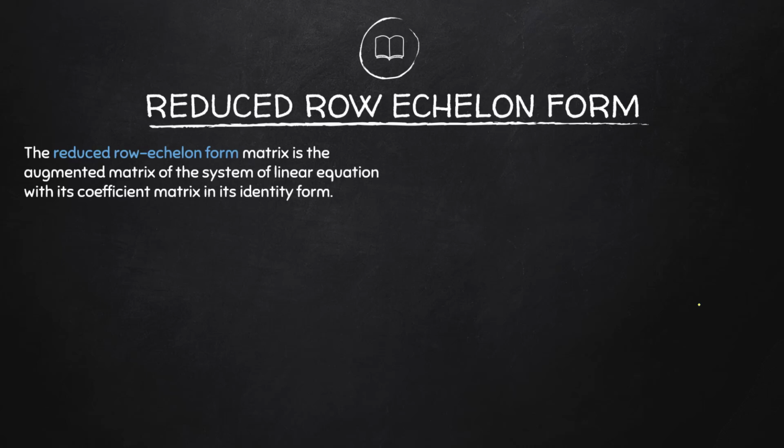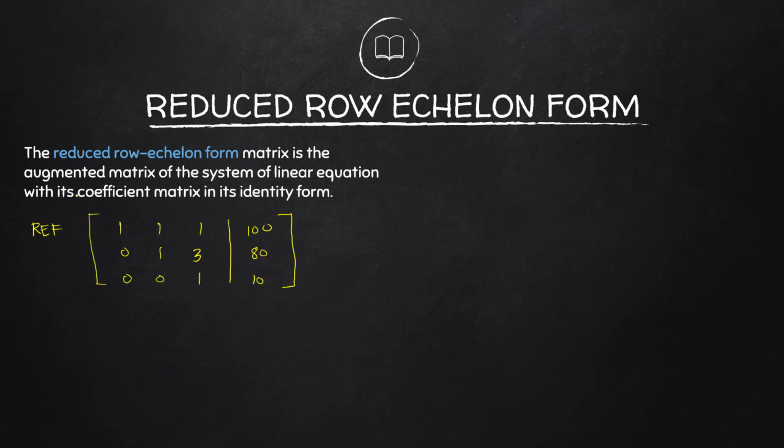So from our previous example, we have our row echelon form. And that is 1, 1, 1, 100, 0, 1, 3, 80, 0, 0, 1, and 10. This is the row echelon form of our matrix.